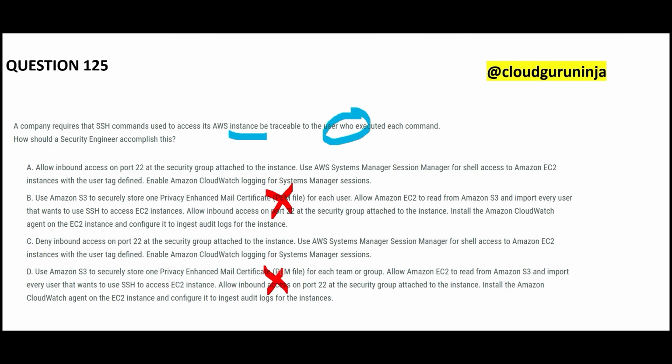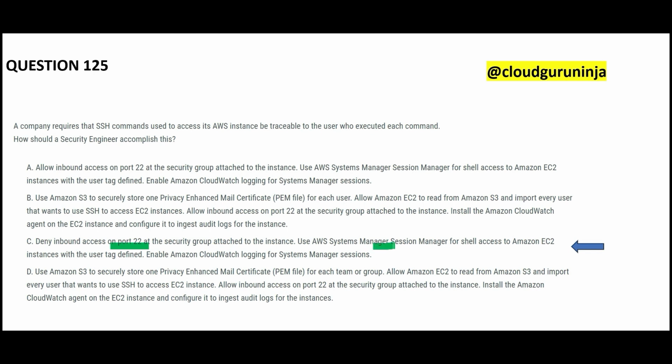So A, what A does is you have to be very sure that I want to know who fired SSH. See, if you allow port 22, then every Tom, Dick and Harry can access it and it will go unaudited. So we don't want unaudited. So we want to deny the inbound access on port 22. Now you might say, hey, you have already denied, how will we access?